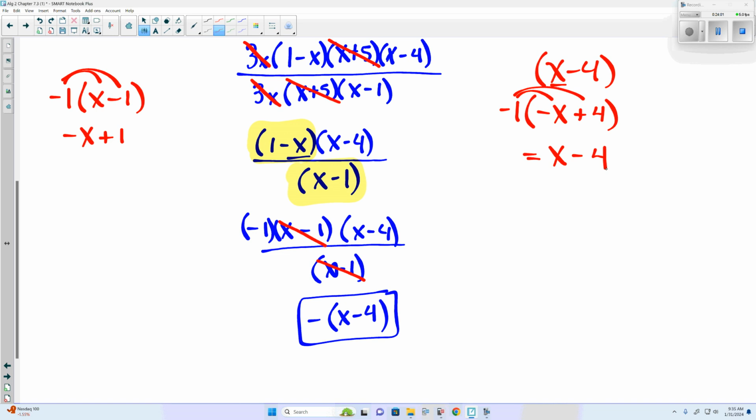The x on bottom is positive, yes? The 1 on top is positive. The 1 on bottom is negative. When every term in that one that almost lines up is flipped, they're the opposites of each other all the way through, pulling that negative out is going to flip the signs back. Does that make sense?